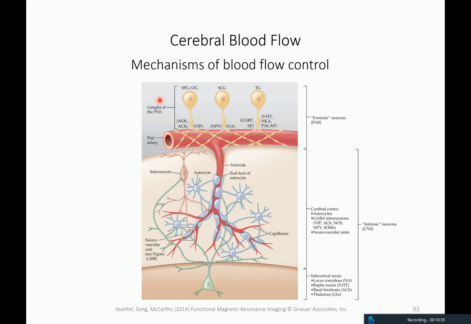This shows just a picture of the things on the previous slide, and a little bit of the histology or microanatomy of this whole thing. So the idea is that there are these pial arteries which are primarily affected by extrinsic neurons, and there's some regulation of the tension, the tone, of these vessels at this level of regulation.